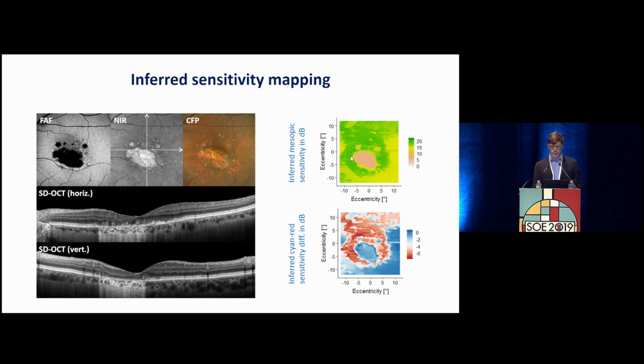And also what's remarkable, the algorithm correctly identifies that quite close to the atrophy boundary, cone function is already quite reasonable again, but close to the boundary to GA in dark-adapted testing, you see the significant cyan minus red sensitivity difference, which indicates severe rod dysfunction. So it really can identify from the very same image that here you have good cone function, but severe rod dysfunction, something which from a pure clinical point would be difficult to pick up from the OCT.